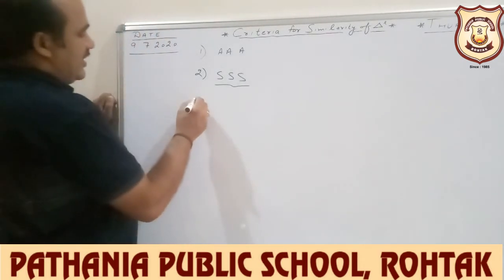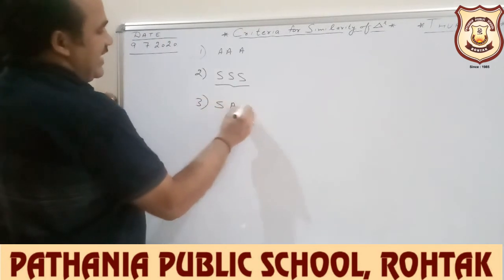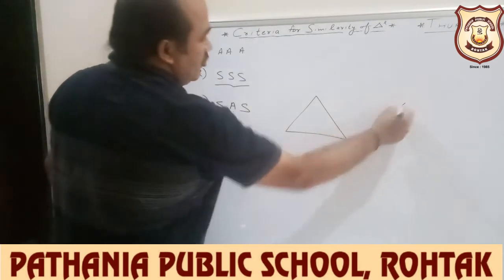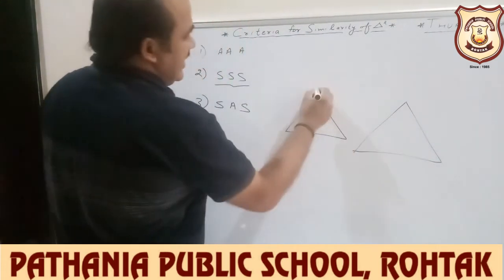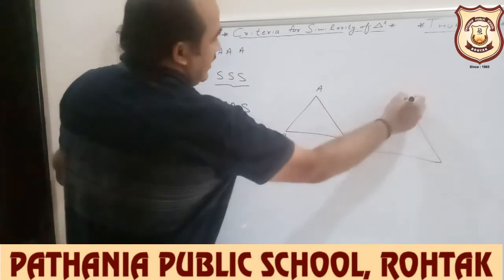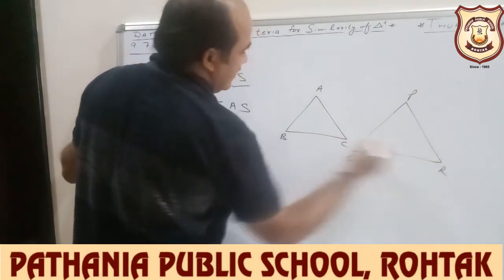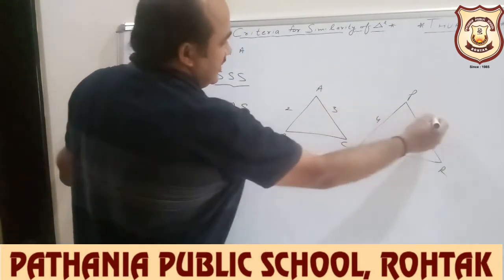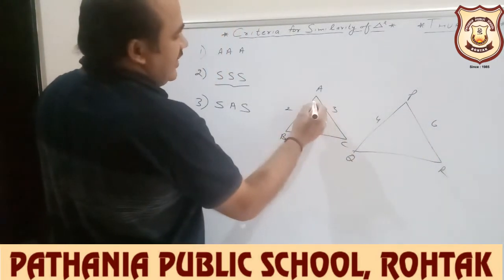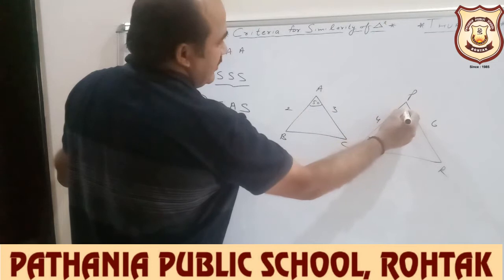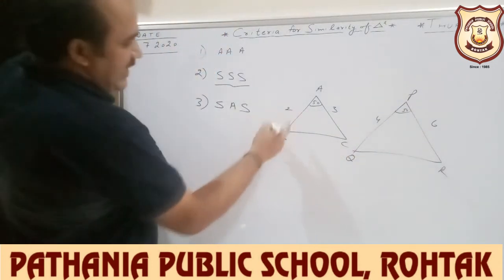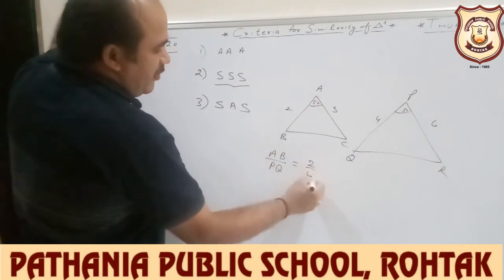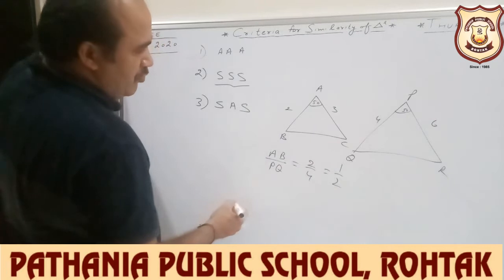Then the third one is SAS. See students, these two triangles ABC and PQR: this one side is 2, this one is 4, this one is 3, this one is 6, and this one angle is 50 degrees. AB upon PQ equal to 2 by 4, 1 by 2.